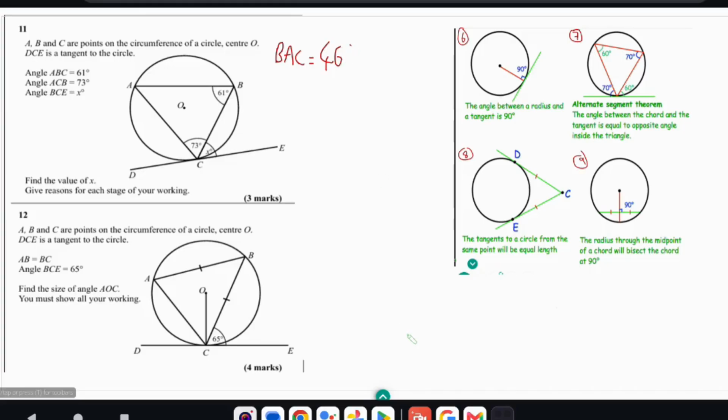And my reason there is angles in a triangle add to 180. So then we can say X is equal to 46. And our reason is simply alternate segment theorem.